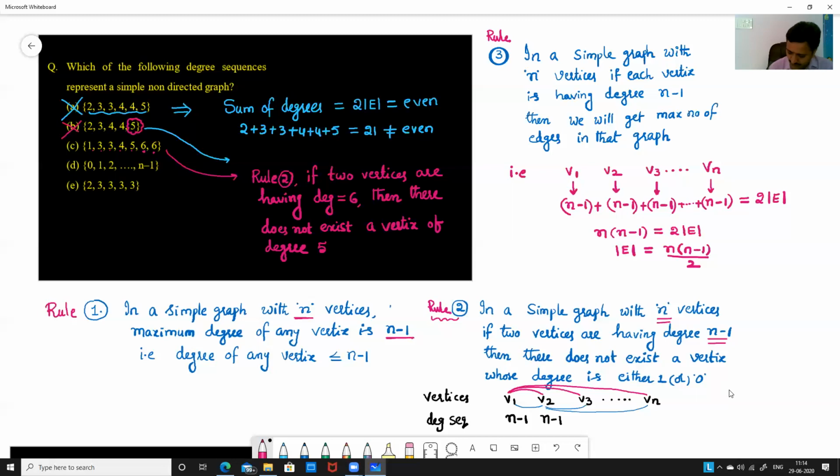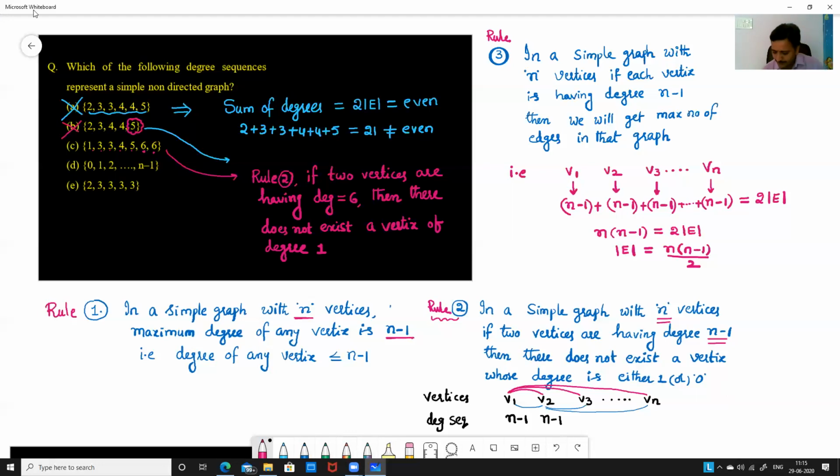Sorry for the mistake. There does not exist a vertex whose degree is 1. Is it clear? So by using rule number 2, we can define like this. Right? Next, what about option D?